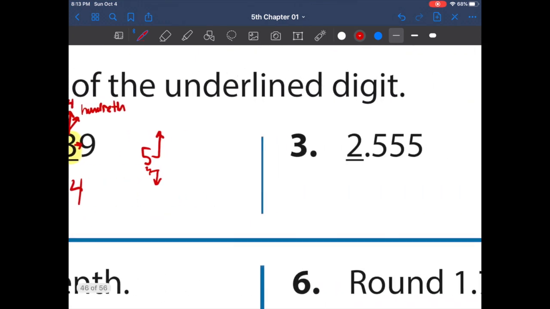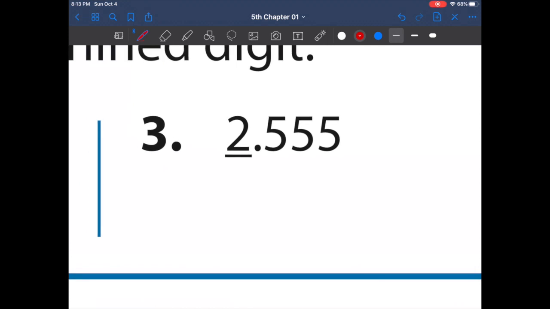All right, let's try another one. Whoa, look at this one. We need to round to the next whole number. So what is the next whole number? Let's see. Or what are the rules again? Let's look to the number to the right, and that's a 5. So we said if it's 5 and bigger, we round up.